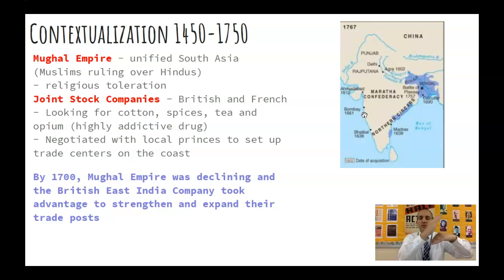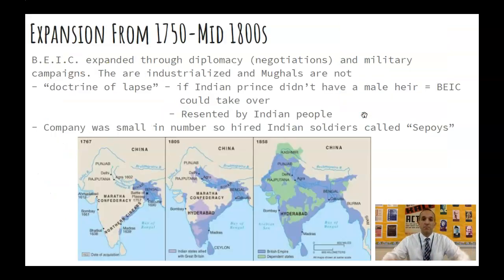And as the East India Company is going this way, they're gaining access to territory, not the British government. It's really the East India Company doing this on its own behalf. So by 1750, we see this way for the East India Company, this way for the Mughal dynasty.